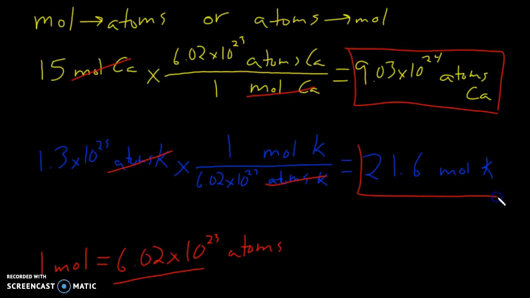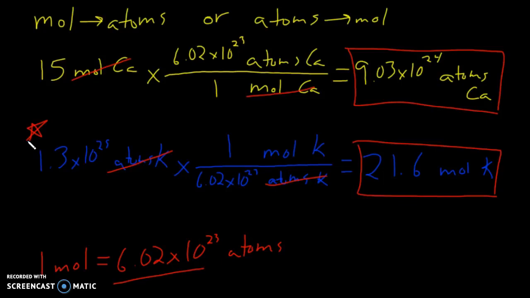Now, I'm going to warn you that when you do this conversion right here, going from atoms to moles, you want to be careful about punching it into your calculator. Because sometimes when you're dividing by your 6.02 times 10 to the 23rd, sometimes if you don't enter it right, it ends up multiplying and giving you a really big answer.